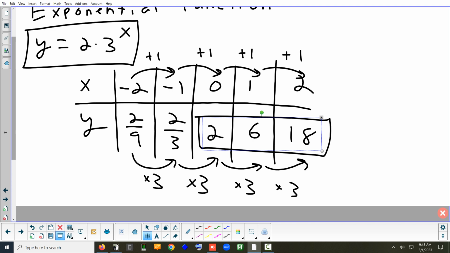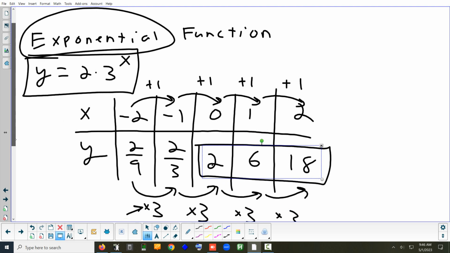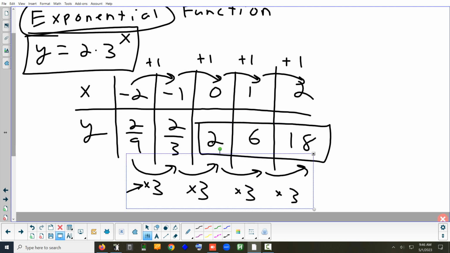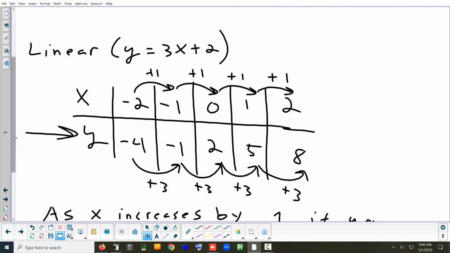Timesing by 3. And any time that the pattern involves timesing, that's going to give you a graph that's going to curve. Okay? That's how we know, if we're looking at a table, that the table is going to give us points that curve. The pattern involves timesing. Now, what if the pattern involved adding? What did we say that was?